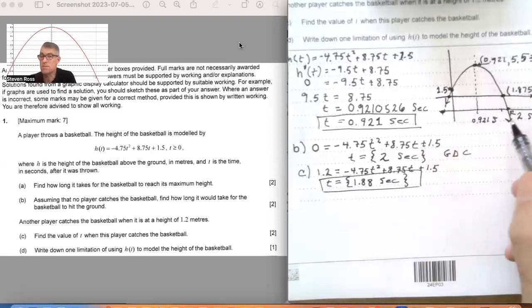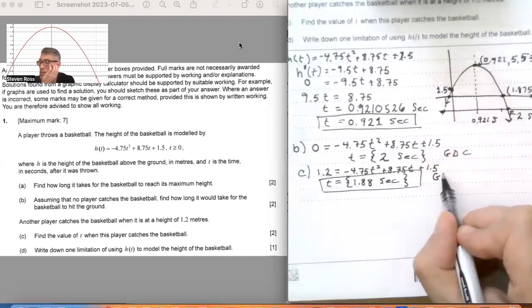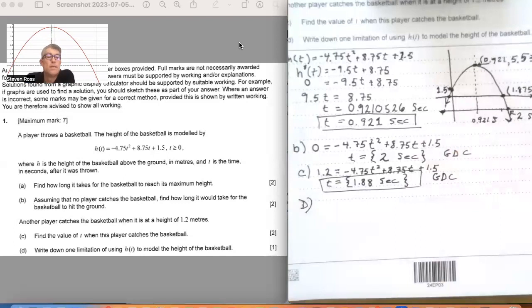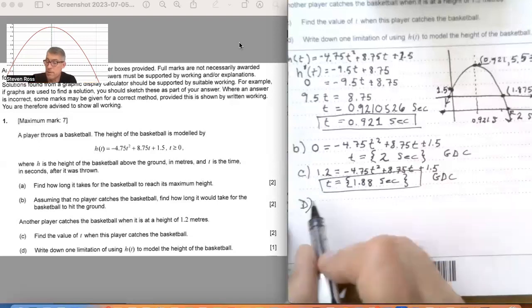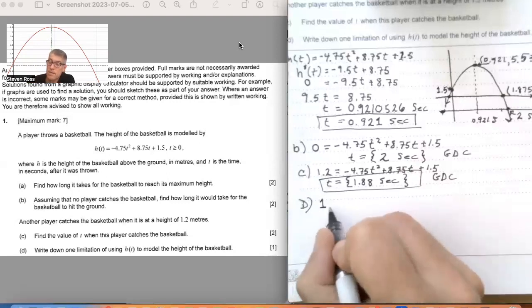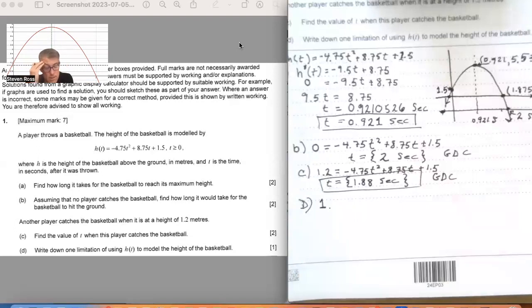And of course, we can see that I'm using the GDC. And that takes us to our last question. Write down one limitation of using h of t to model the height of the basketball. So, I thought about this one for a while, tried to think about some possible answers. And I try to think, how is the designer of this question thinking about this question?